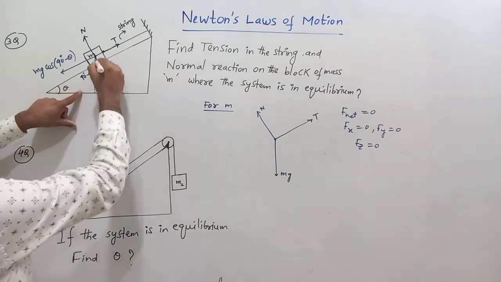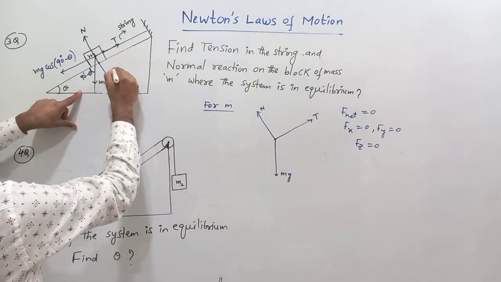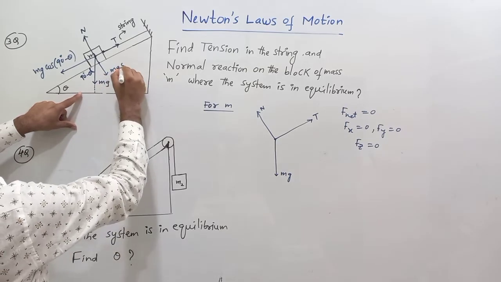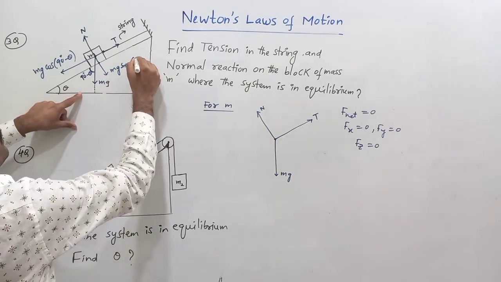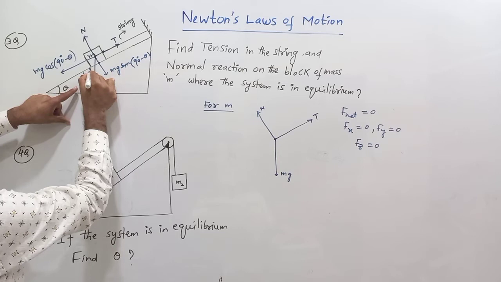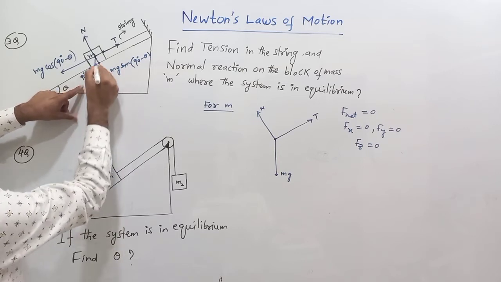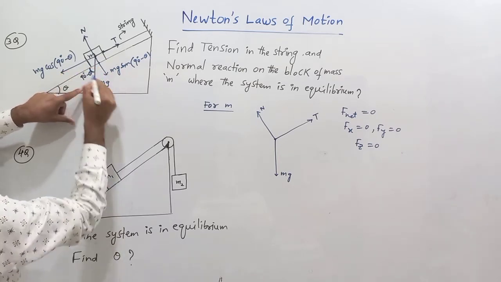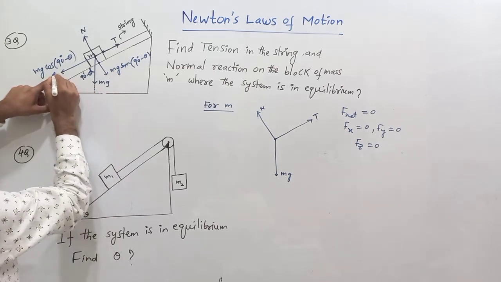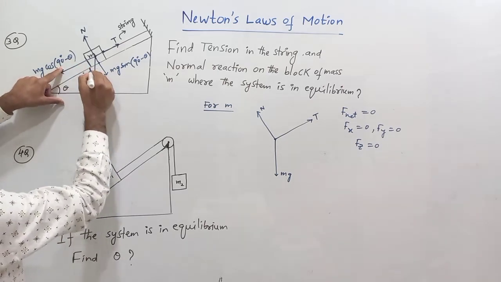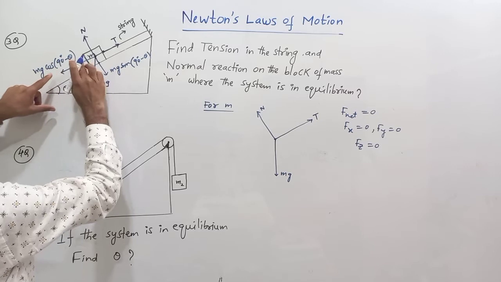Then this side, mg sin of 90 minus theta. So here, this is the mg. This side is the adjacent side, mg cos of 90 minus theta.